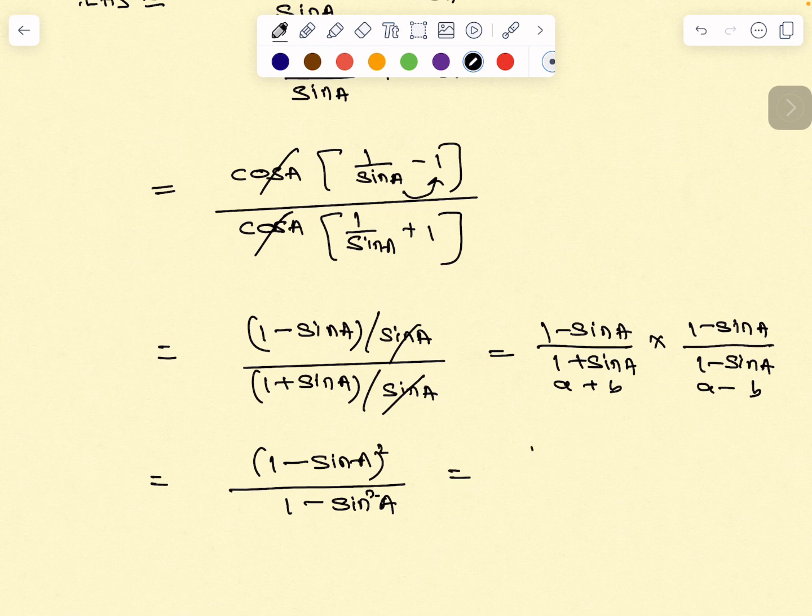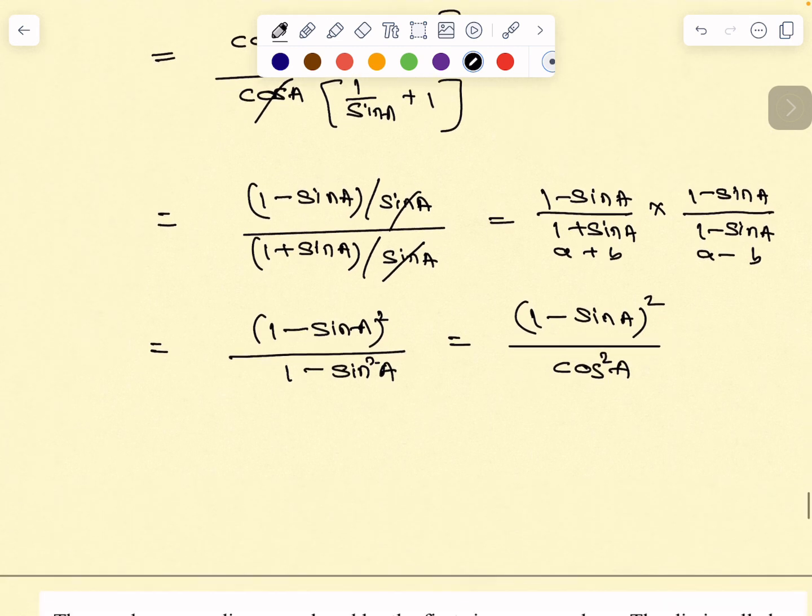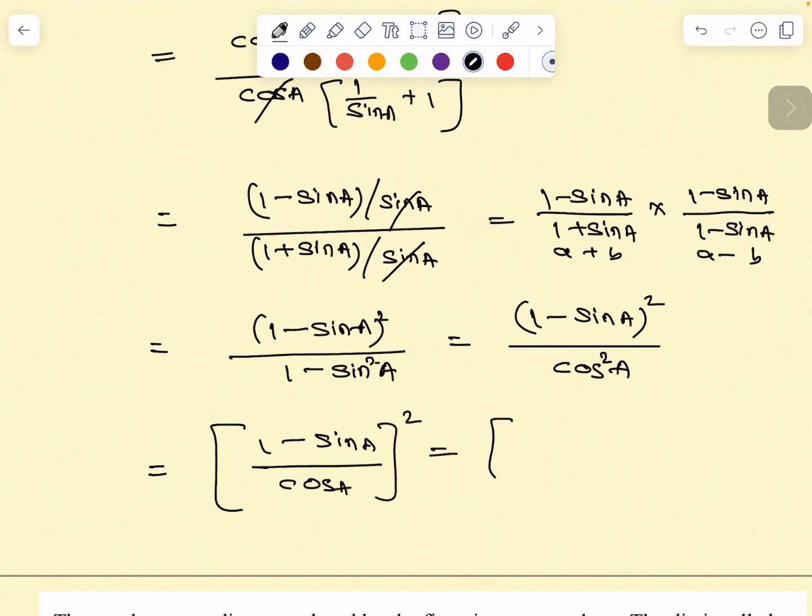Okay, so (1 minus sin a) whole square, then we have identity, right? 1 minus sin square a we can write as cos square a. Okay, you take square common, (1 minus sin a by cos a) whole square equal to, you split the denominator, so this we can write as (1 by cos a minus sin a by cos a) whole square.